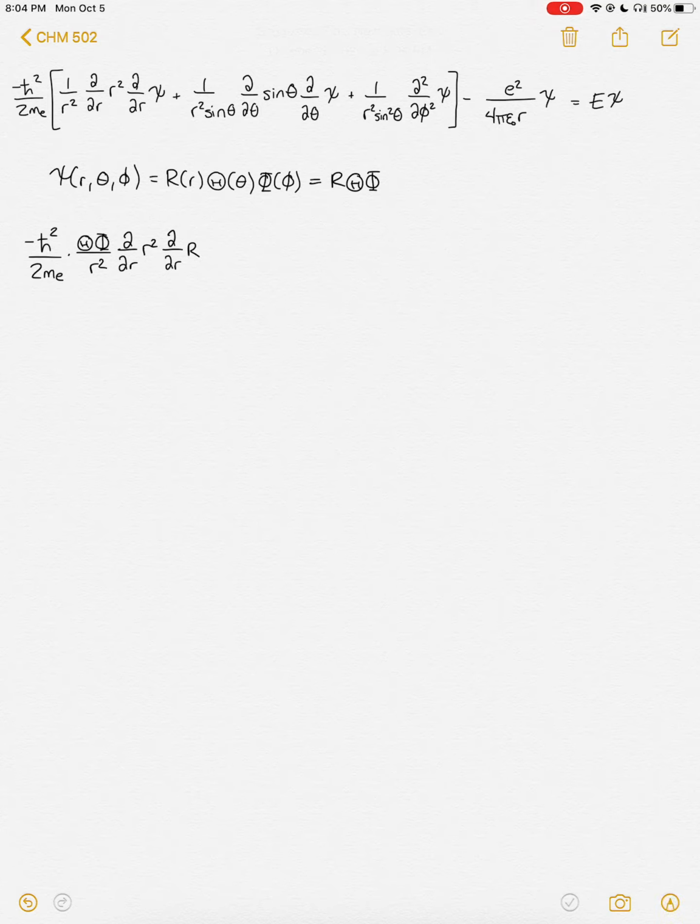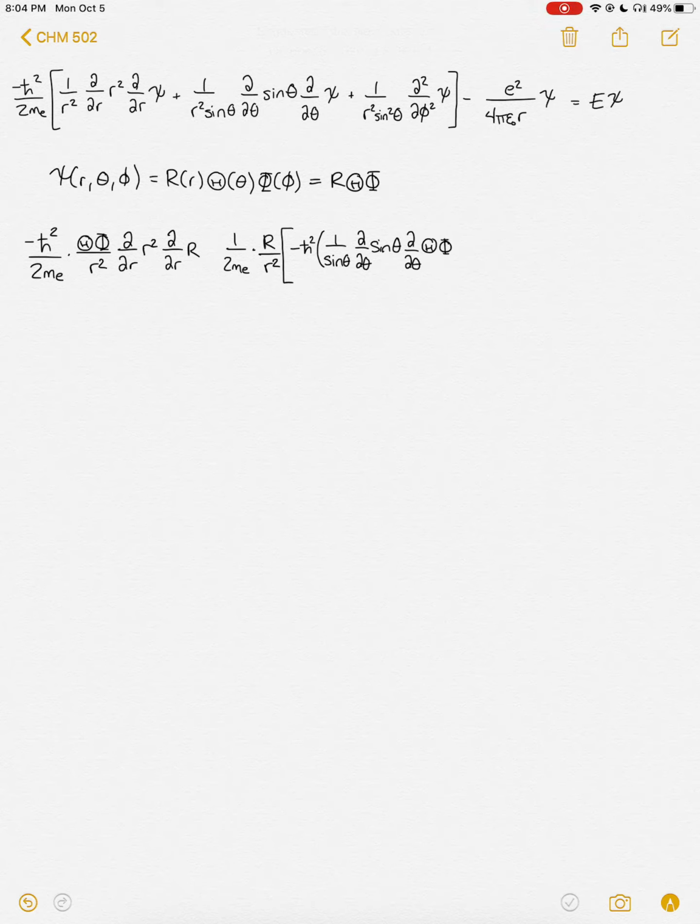And now I'm going to write this again in a way that looks a little weird. I'm going to write 1 over 2 m_e times our radial function R over r squared. And then I'm going to put this in brackets. Here, the negative h bar squared is on the inside, and that's going to be multiplied by the remainder of the first term from up there: 1 over sine theta times the derivative with respect to theta of sine theta times the derivative with respect to theta of our functions Theta and Phi.